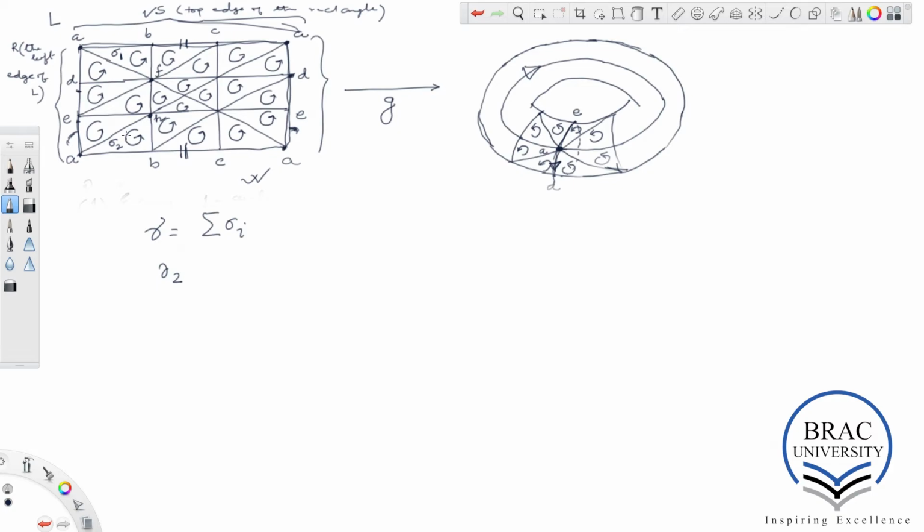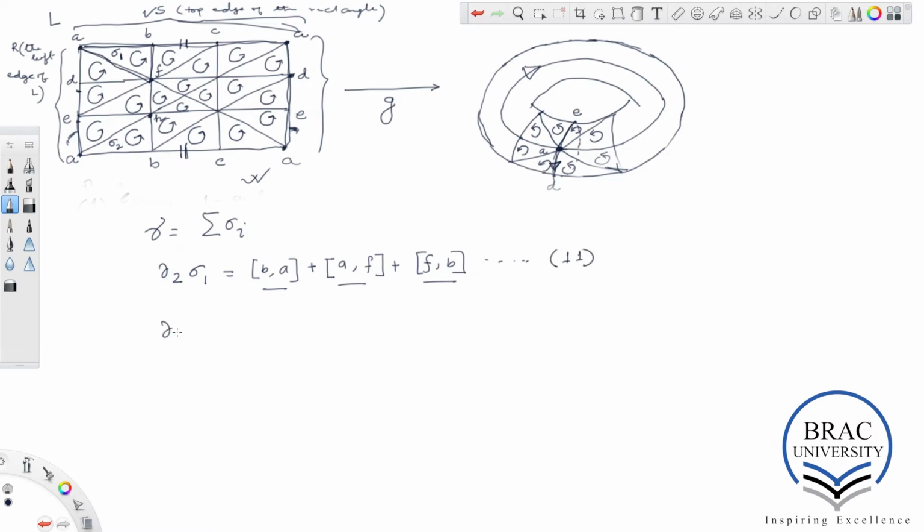So what is delta 2 sigma 1 in this case? We're taking this 2 simplex, and the boundary of this 2 simplex is going to be equal to B comma A plus A comma F plus F comma B. These are all elementary one chains. All right, this is our equation number 11.